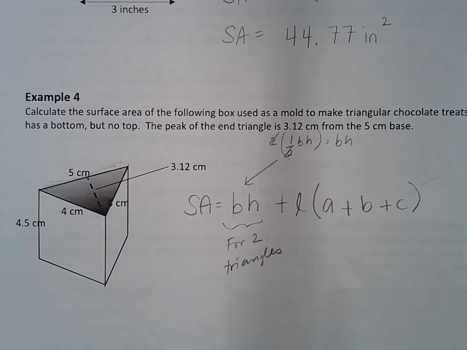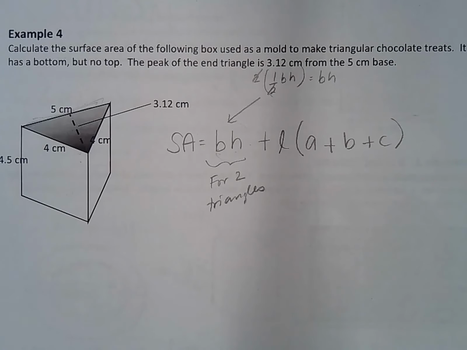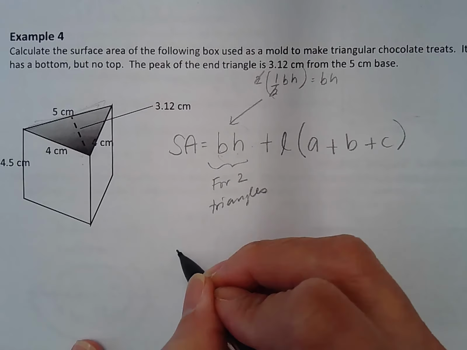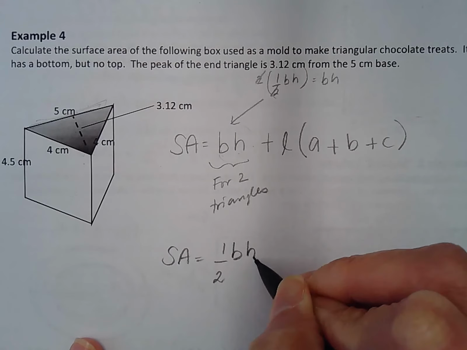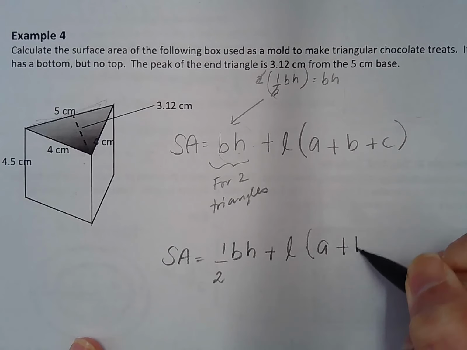So how can we change it so that we don't have the top piece? Just a half of it, right? So area is equal to 1/2 B times height plus L times A plus B plus C.